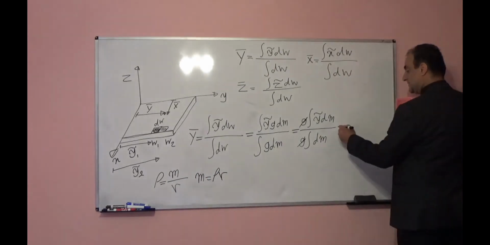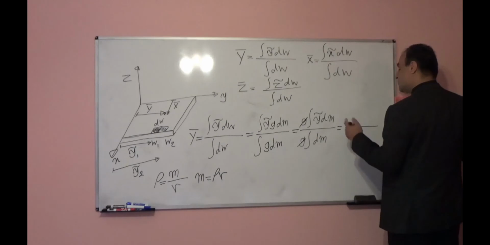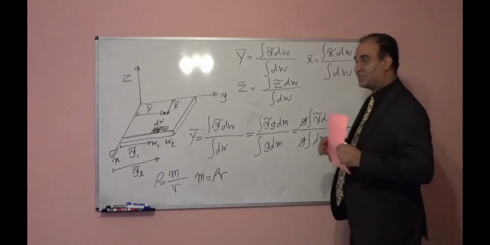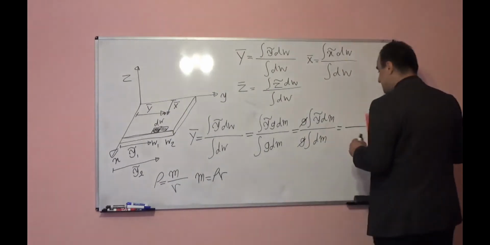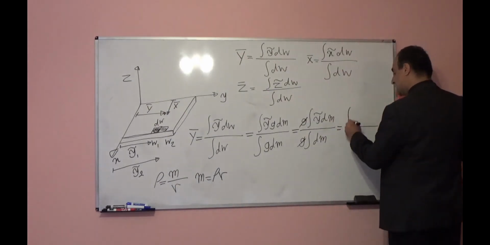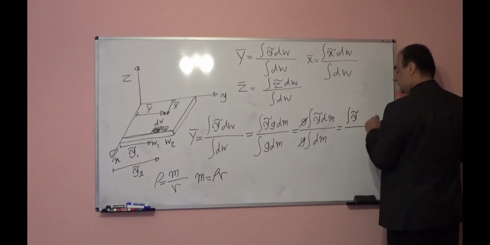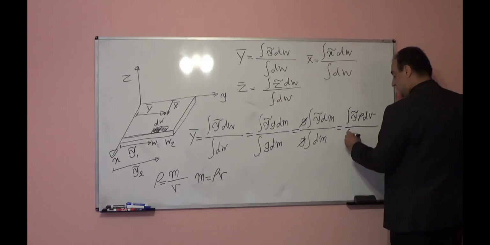So if the mass distribution is uniform, or the object property throughout the body is the same, I can still write y tilde rho dv divided by integration of rho dv.